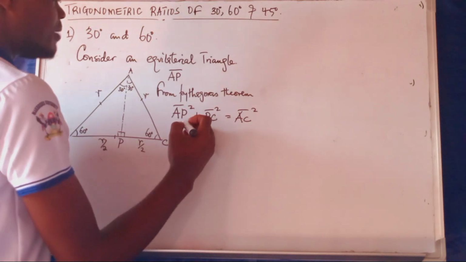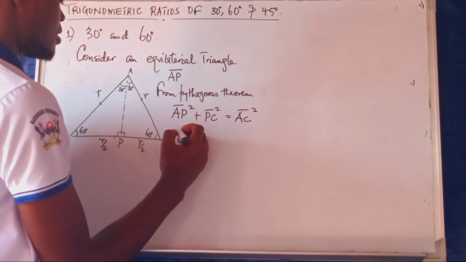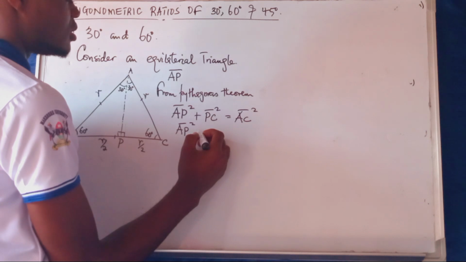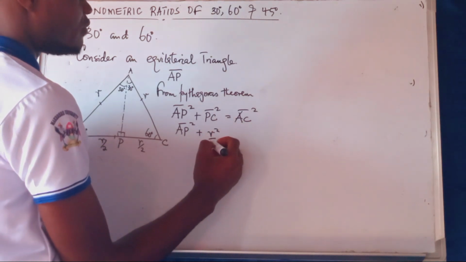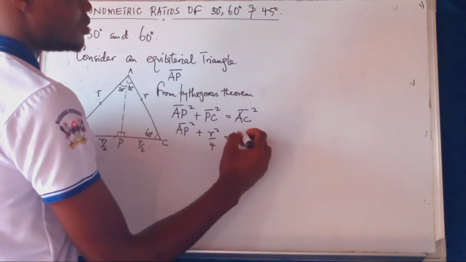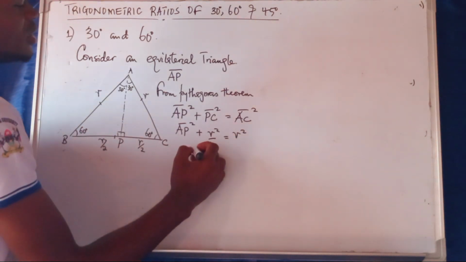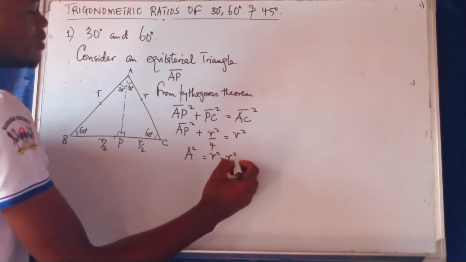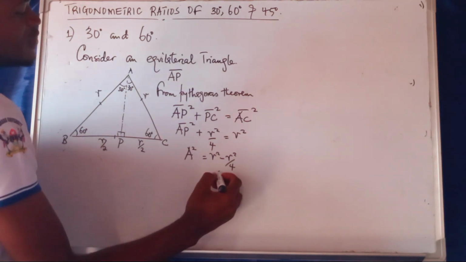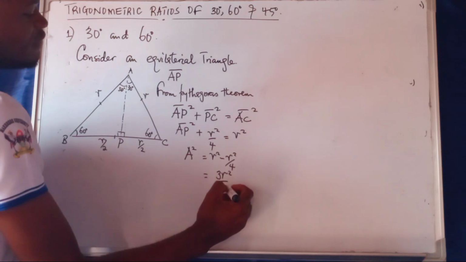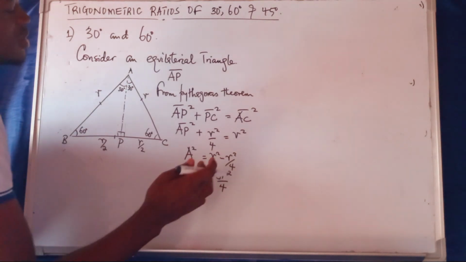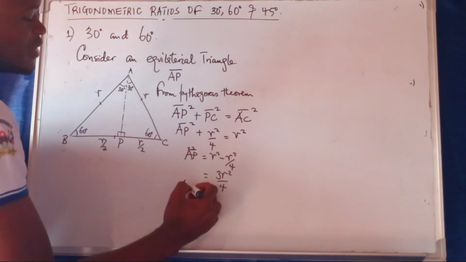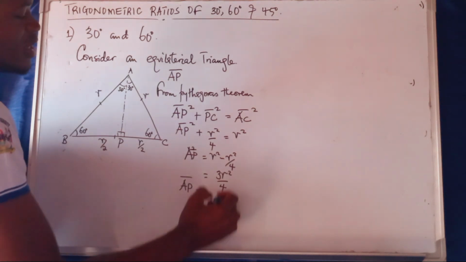My AP squared is the one I want, plus R squared over 4, which is equal to R squared. So my AP squared is equal to R squared minus R squared over 4. This gives me 3R squared over 4, because this is 4 over 4. Length AP is given by the square root of this.